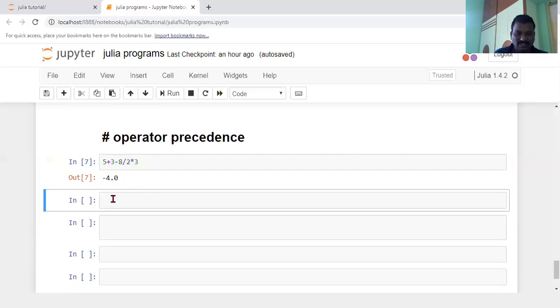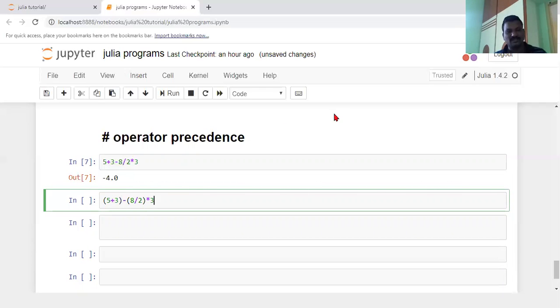First, which operator will be taken? The machine itself converts this value. That means open bracket, 5 plus 3, and then minus, converted into 8 divided by 2, into 3, that means one more bracket here, 8 divided by 2, into.